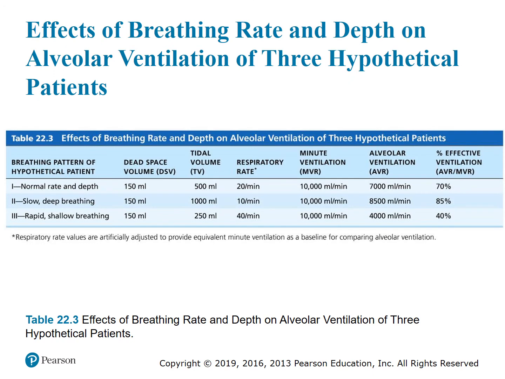Table 22.3. This shows the effects of breathing rate and depth on the alveolar ventilation of 3 hypothetical patients. One is seen with normal rate and depth. The dead space is 150, tidal volume is 500, respiratory rate is 20 breaths per minute.